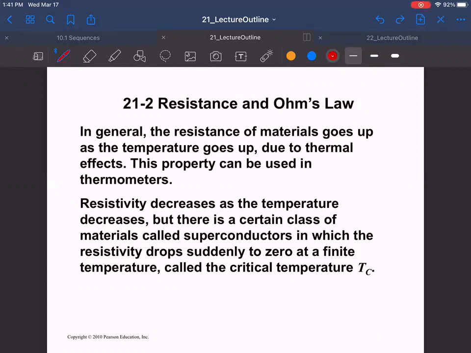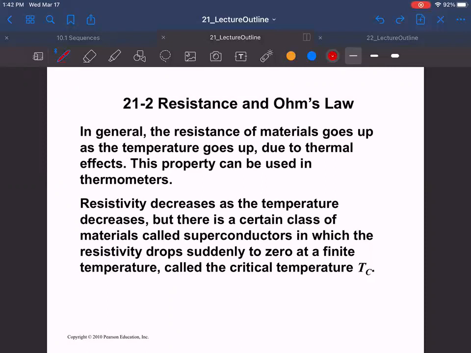Could you imagine that Plinko board now trying to drop something through it? But now all the little posts are shaking around. It's going to be a lot harder for that Plinko thing to make it through that right then, isn't it? If they're all shaking around more compared to them just sitting still. So as far as metals go, conductors, the lower the temperature, the lower the resistance or the resistivity.